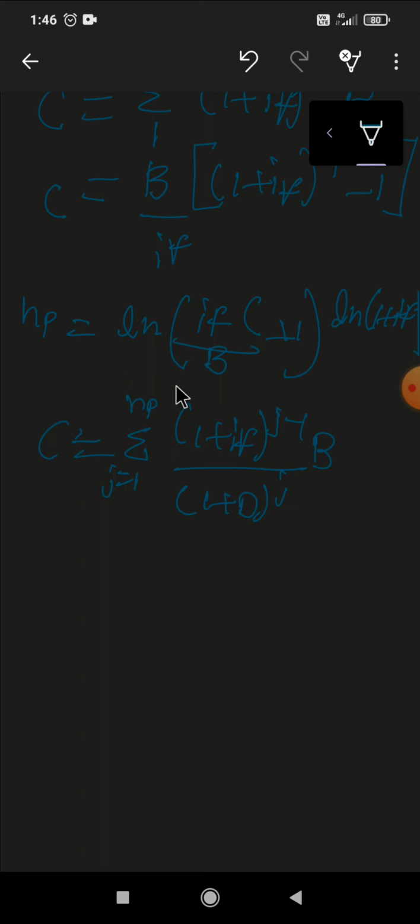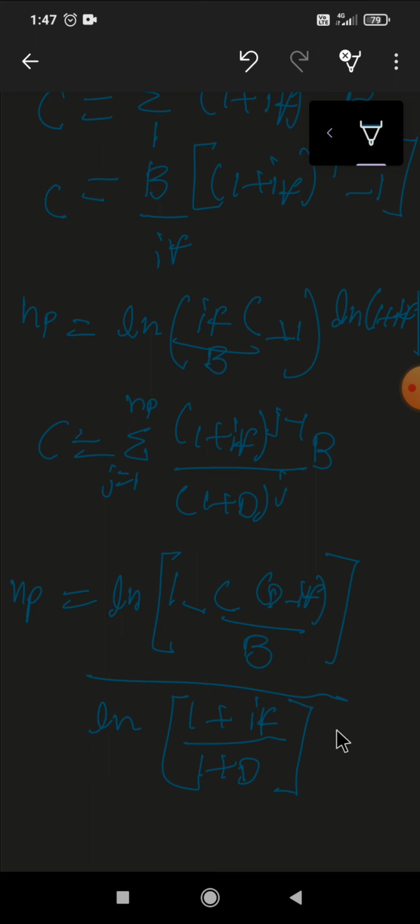So now NP will be equal to ln of (1 minus C into (D minus IF) upon b), divided by ln of (1 plus IF) divided by (1 plus D).